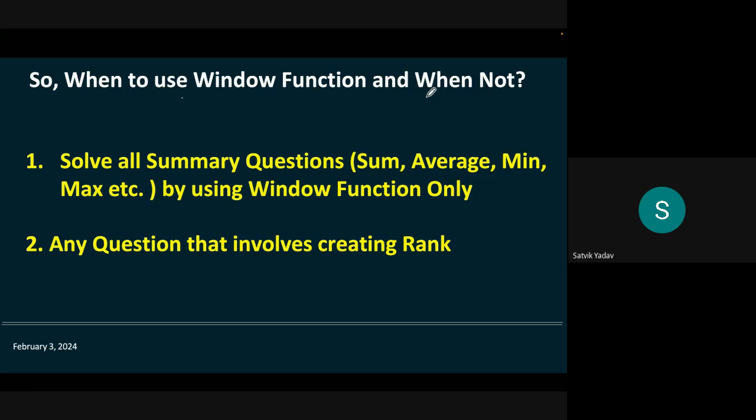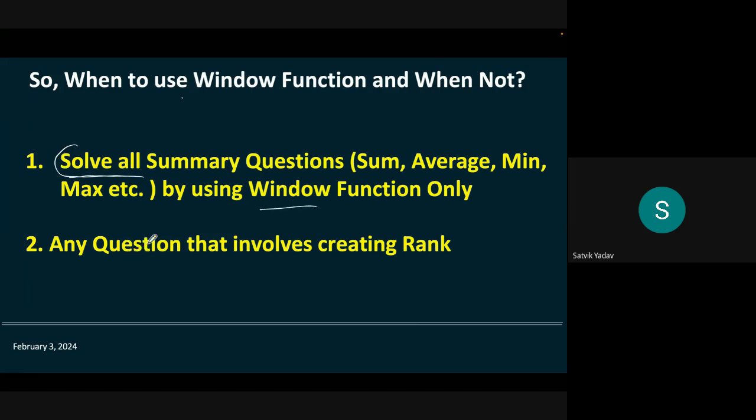Of course, I have not taught window function yet, but first, solve all the summary questions, wherever you see any summary question, using window function only. Don't solve using the older methods that I taught you. I taught you because they were in the syllabus, but this is something through which you can upskill and further increase your level in SQL.